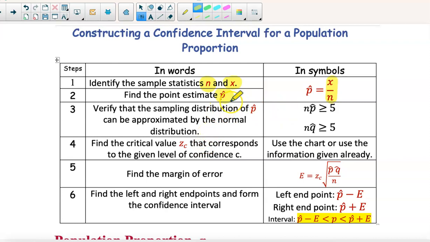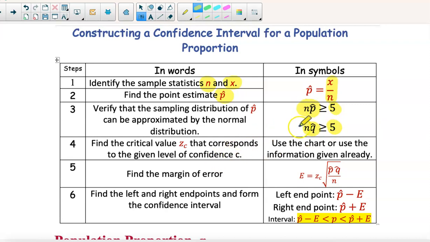Once you obtain p hat, we have to verify that the product of the sample size times p hat is greater than or equal to 5. Similarly, the product of the sample size times q hat has to be greater than or equal to 5.